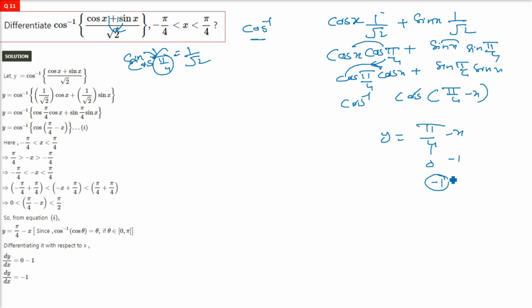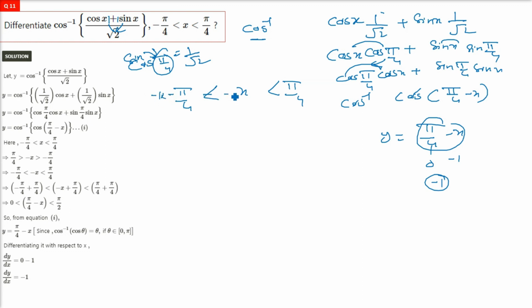But you have to show the examiner that you have done it correctly. x is between negative pi by 4 and pi by 4. So x is between these two. And you have pi by 4 minus x, then only you can cancel cos and cos inverse if it is between 0 and pi. So let us see.